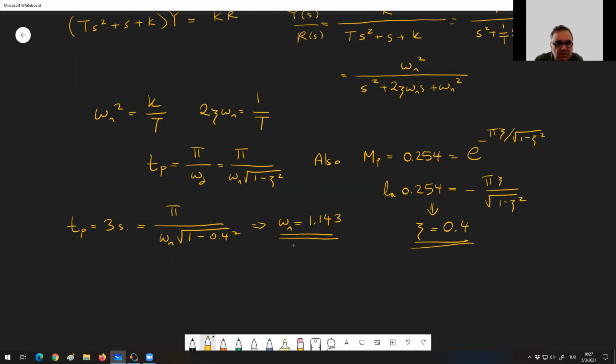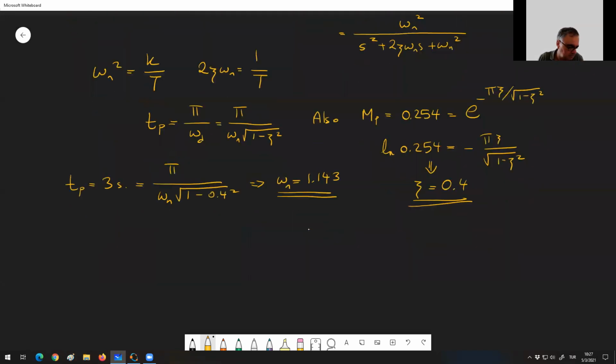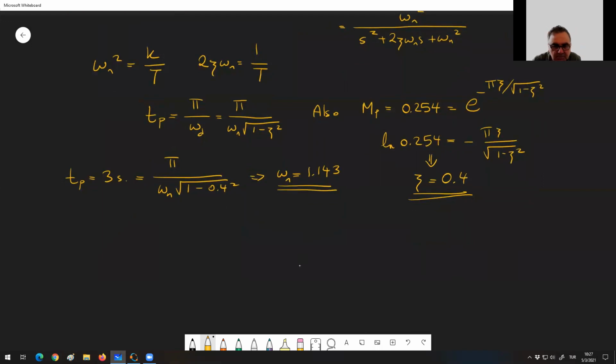The only thing we need is K and T. As you remember, 2 zeta omega n was 1 over T. So T is 1 over 2 zeta omega n. So 1 over 2 times 0.4 times 1.14.